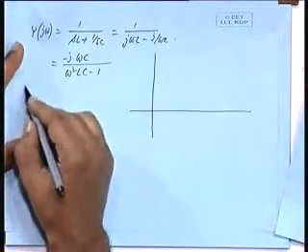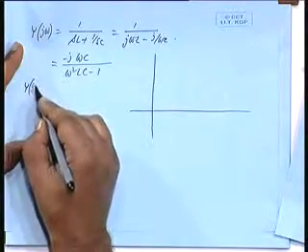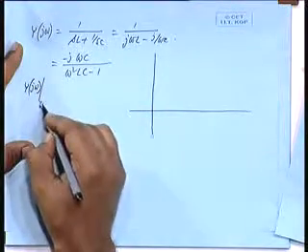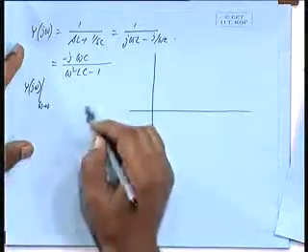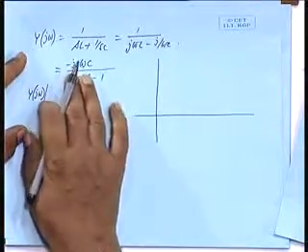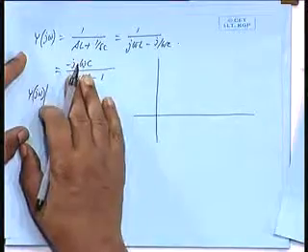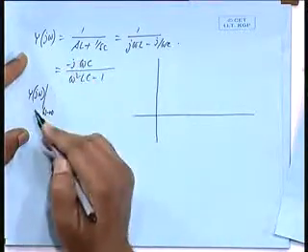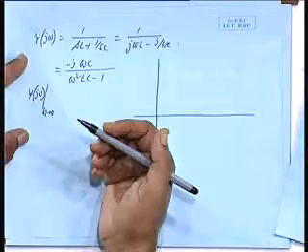What will the admittance function be like when omega tends to 0? Omega tending to 0 means this is negligible, so this will be 1, and this will be tending to 0, so it will be 0.